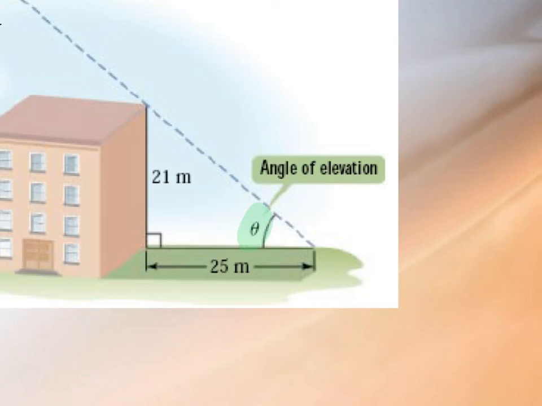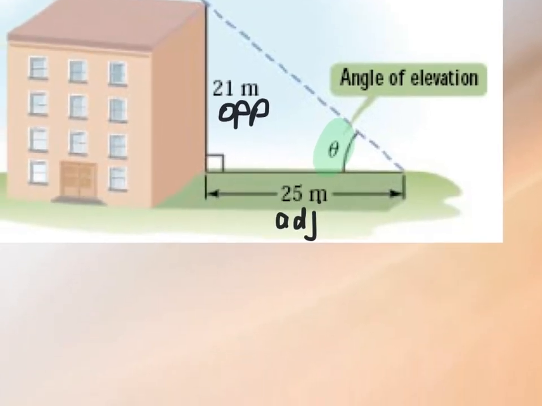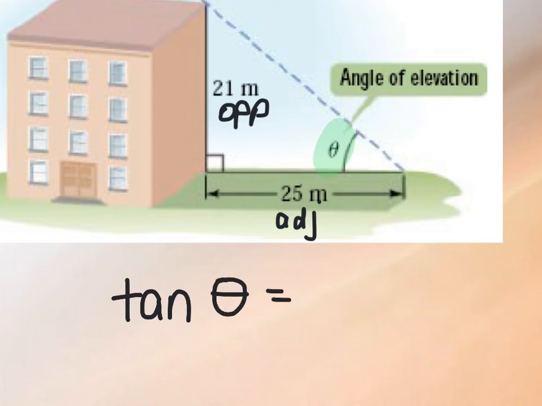What information did they give me? The opposite and the adjacent. What is the trig function that uses opposite and adjacent? So I have the tangent of theta. Do I know what theta is? I don't know what it is, so I'm just going to keep theta as a quote-unquote variable.